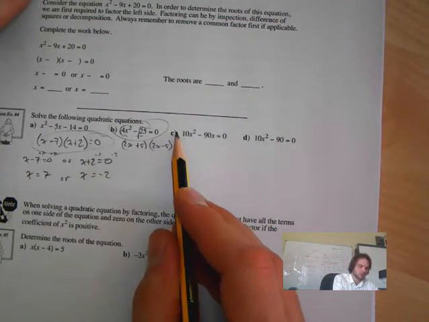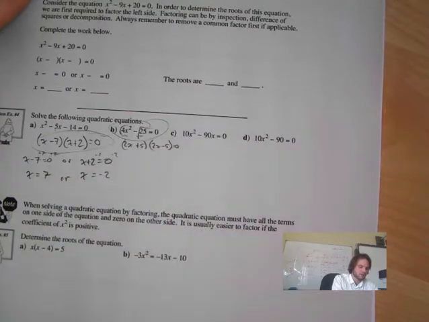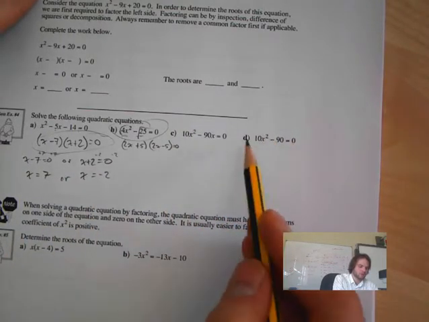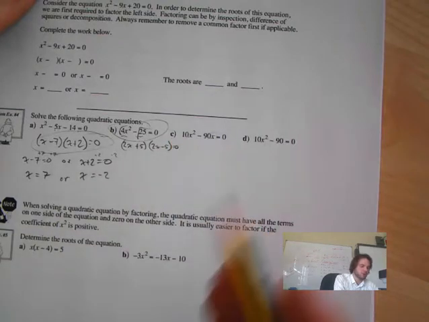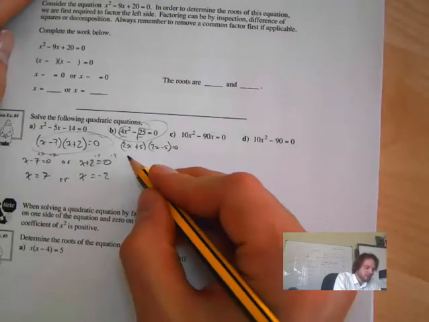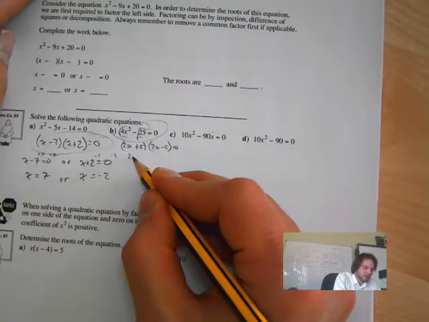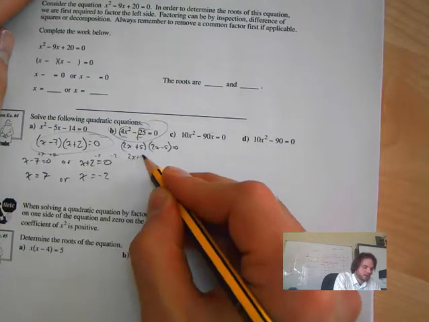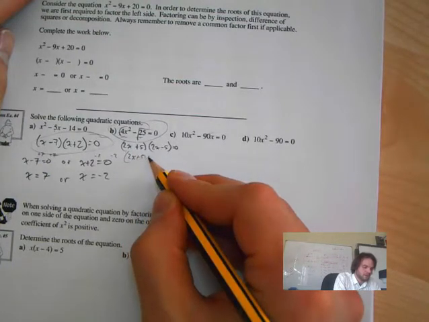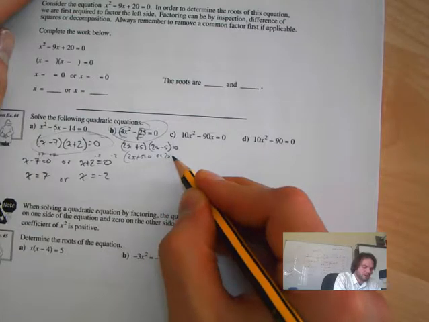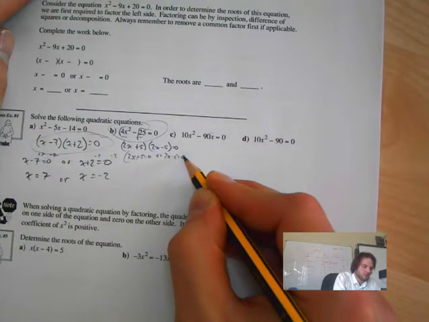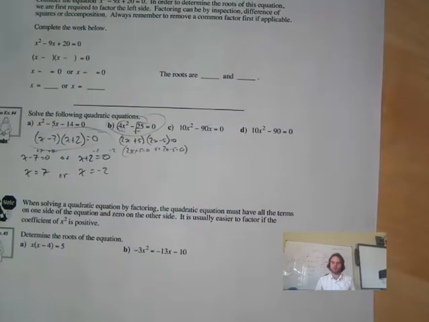I'll do this question on another page. I'm going to end up getting 2x plus 5 is equal to 0, or 2x subtract 5 is equal to 0. Those are my two possible answers.